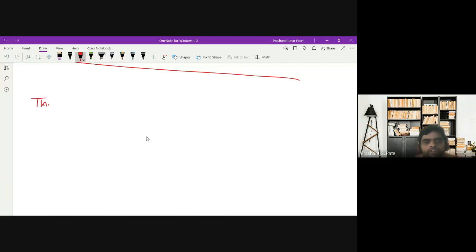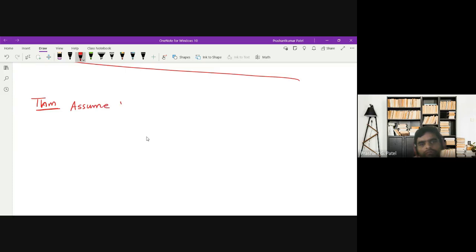Now the question is why this method works. For that we have a theorem, which is basically the Frobenius method. So let me write down the statement of this theorem.